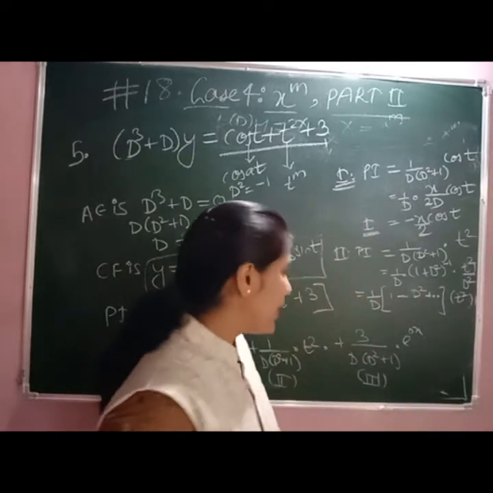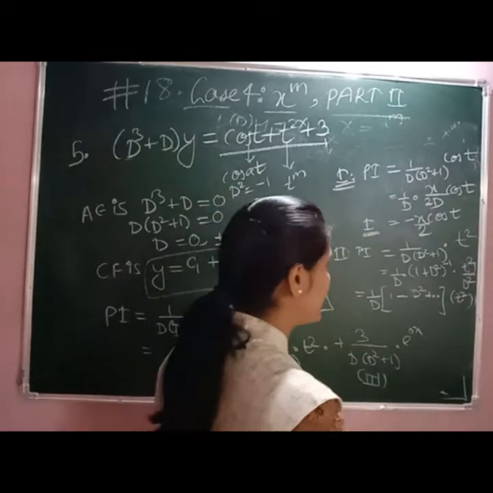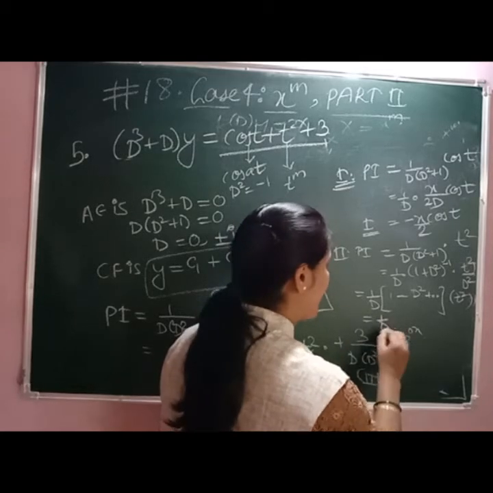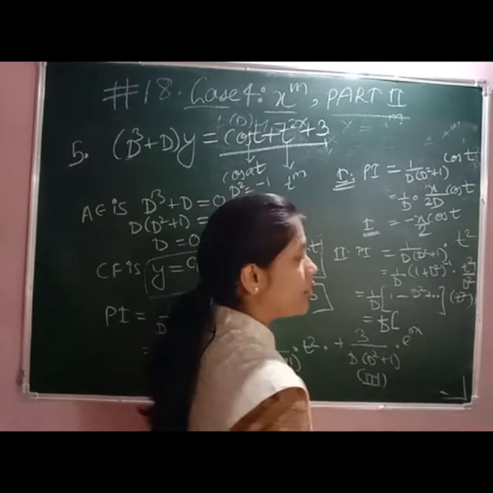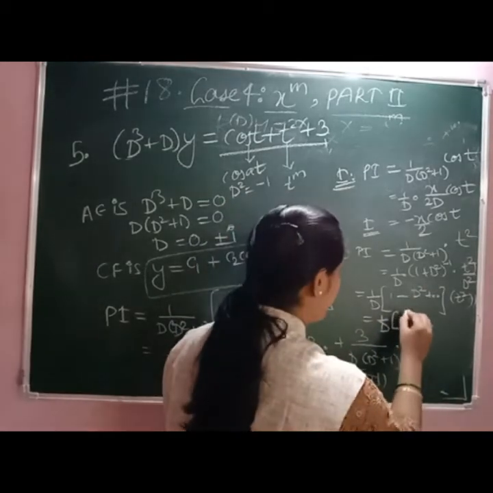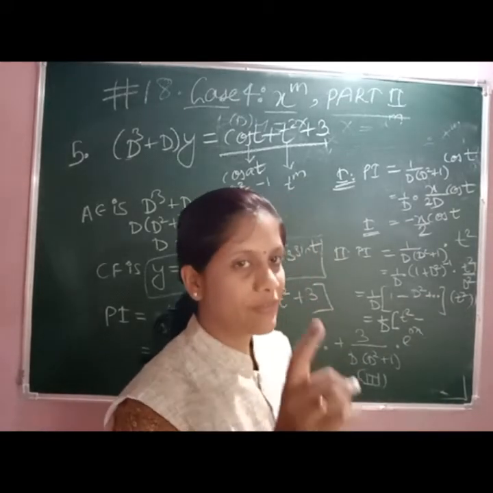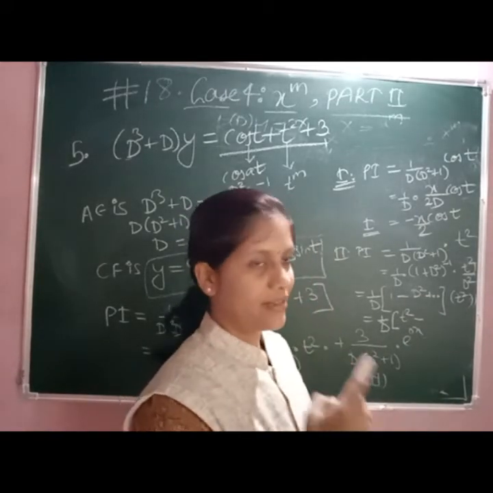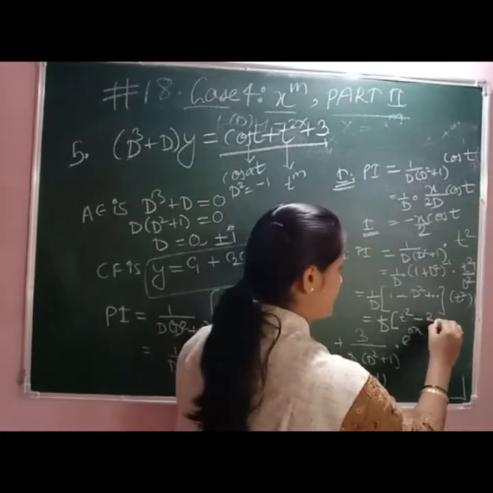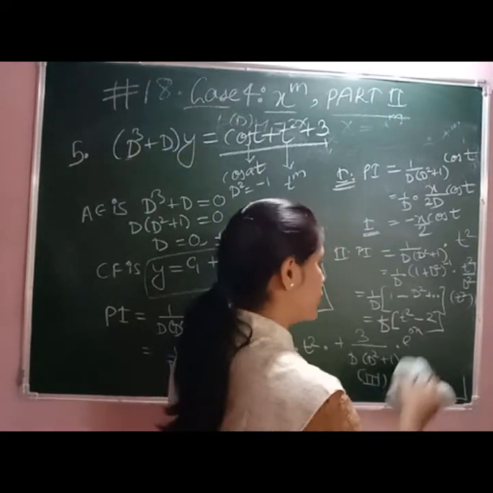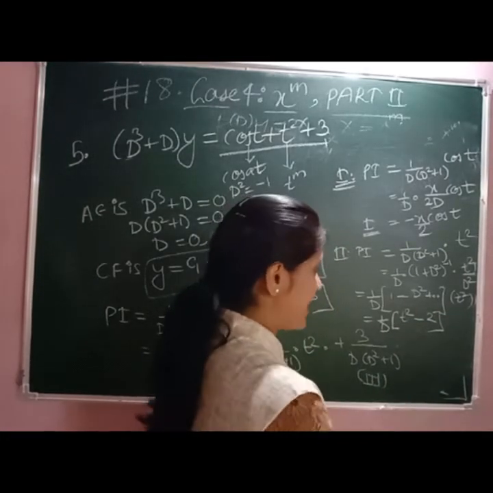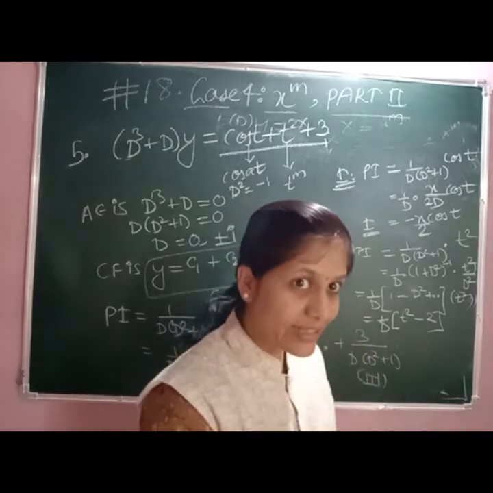Now let us multiply this. So this gives 1 upon D as it is. What is 1 into t square? t square minus 2 times differentiation of t square. Once is 2t, second is 2, minus 2. Right? So this can be written as 1 by D, which stands for integration.